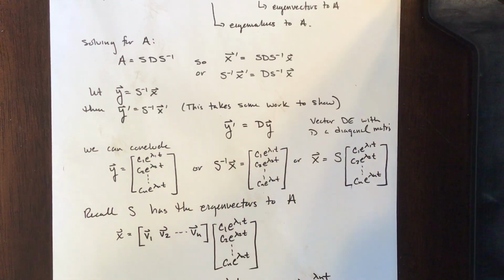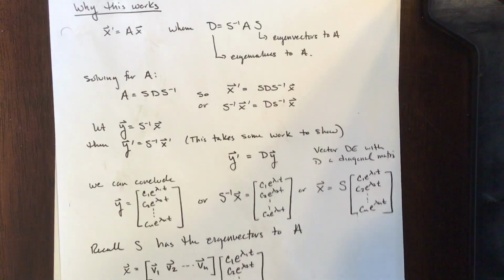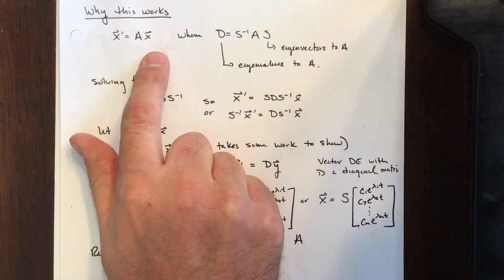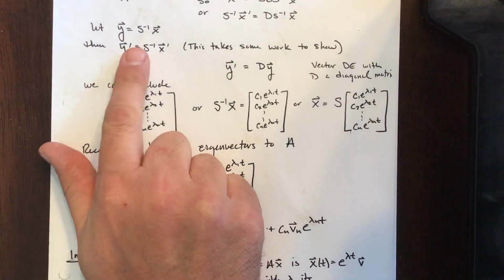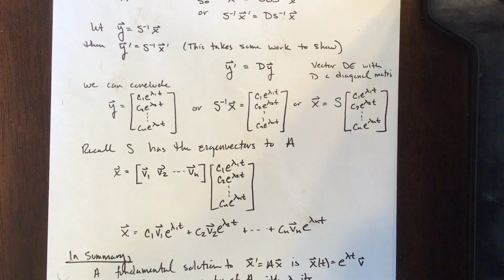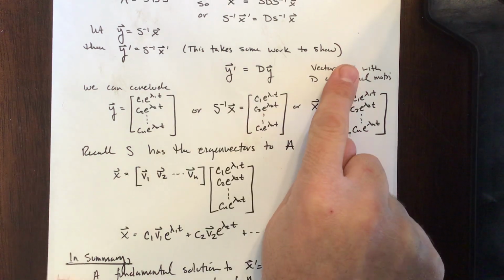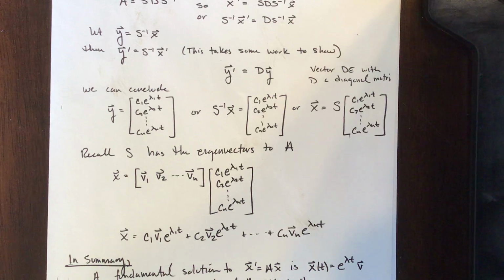Now the trick here is to define y to be the matrix S inverse times x. x is really the unknown here that we're looking for to solve this system. So let y be S inverse x. What's y prime? Well, if y is S inverse x, then y prime ends up being S inverse x prime. It takes some time to show that, but it's true.